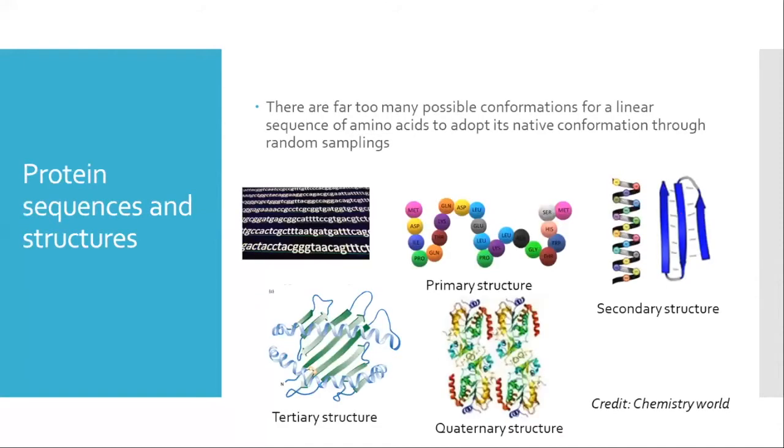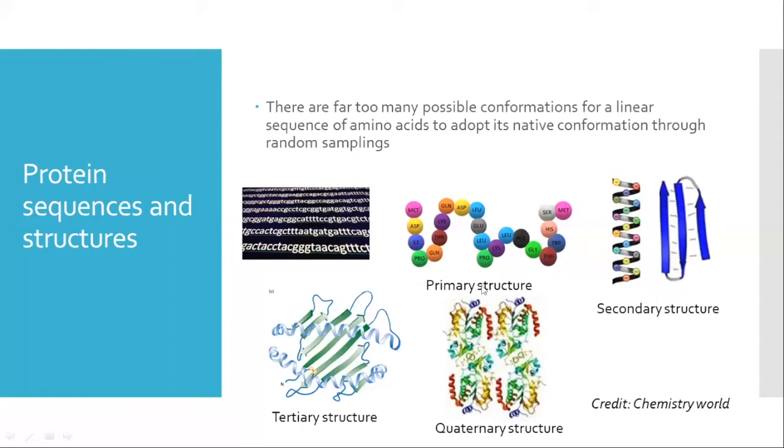Now, yesterday in the session, we learned more about gene sequences and the gene sequence databases. So today, when we come to protein sequences and protein structures, if you see here, we have the different levels of structure for these proteins. For the primary structure, we have a linear sequence of amino acids.